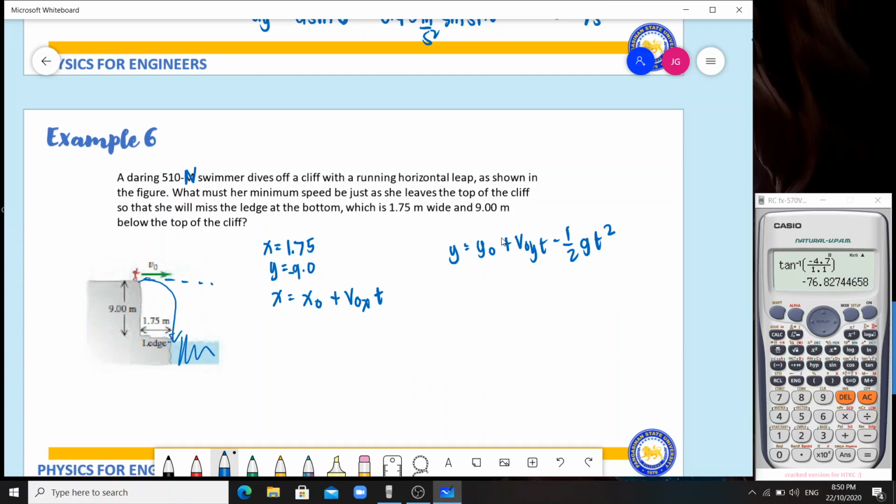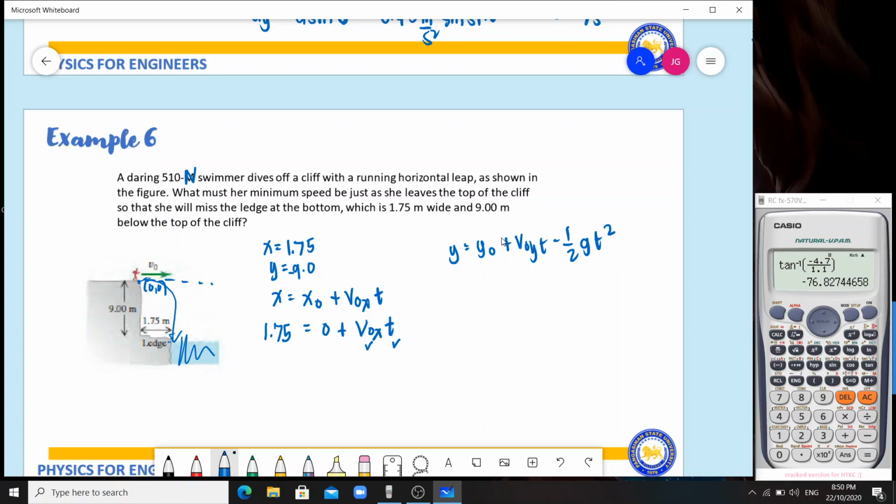Okay? So, ano daw yung velocity niya dapat para hindi siya tatama doon? Kung x dapat niya ay 1.75, okay, so let's say yung ito ay 0, equals 0 plus VOX T. Okay, wala tayong VOX, wala rin tayong time.